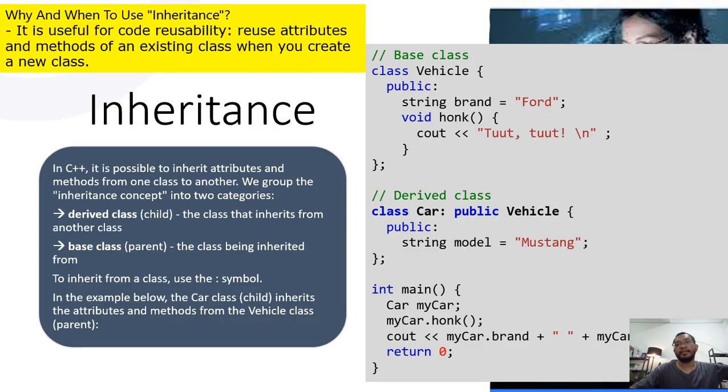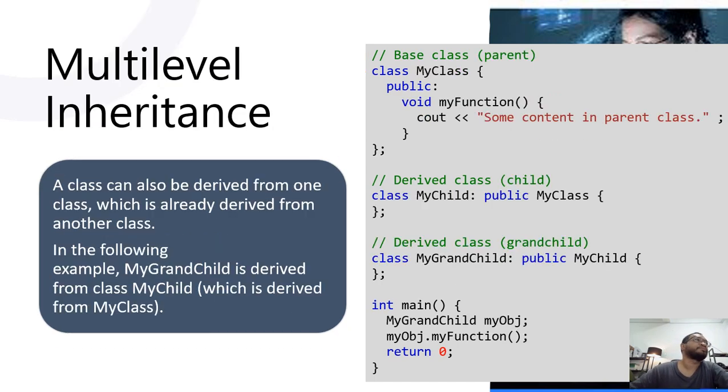Inheritance, as I mentioned. In C++, it's possible to inherit attributes. Inherit means that you get the same attributes, the same values from the previous class. For example, you have class vehicle and also class car, public vehicle. It will use the same data, the same declarations that you put into the vehicle class.